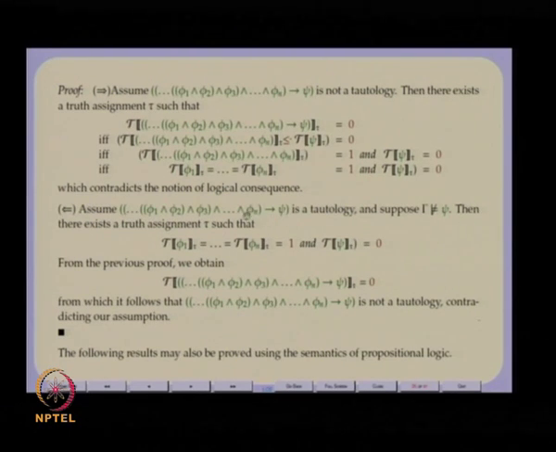So, under all truth assignments, the truth of this will be equal to 1, and so there is a contradiction, and therefore we have shown both ways. We have shown the if and only if.